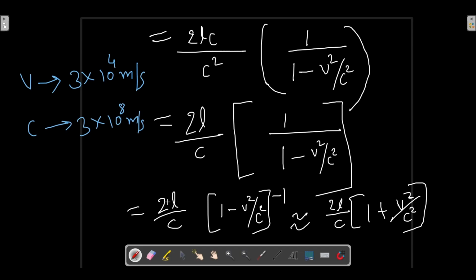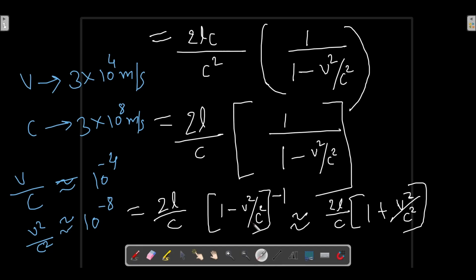Now this ratio v by c will be a very small ratio, approximately 10 to the power minus 4. So v square by c square will be of the order of 10 to the power minus 8, which is very small as compared to 1.